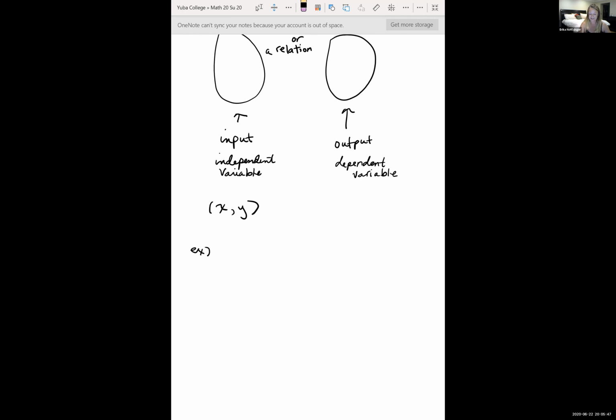Okay, so again, a lot of information in there, but let's look at what they're asking. So we're trying to determine the domain and range of the relation.